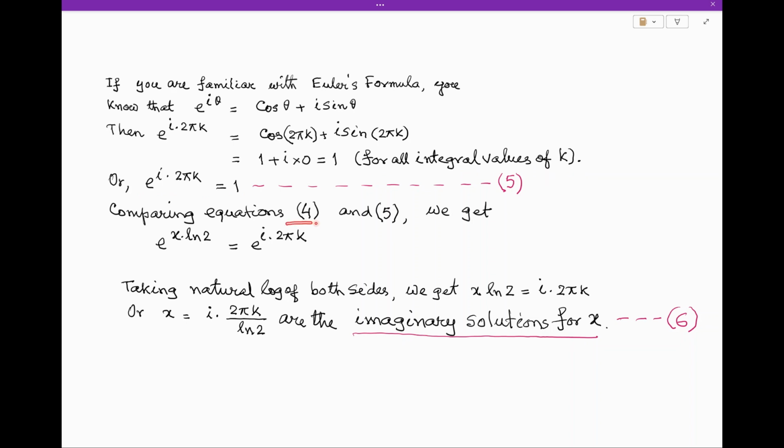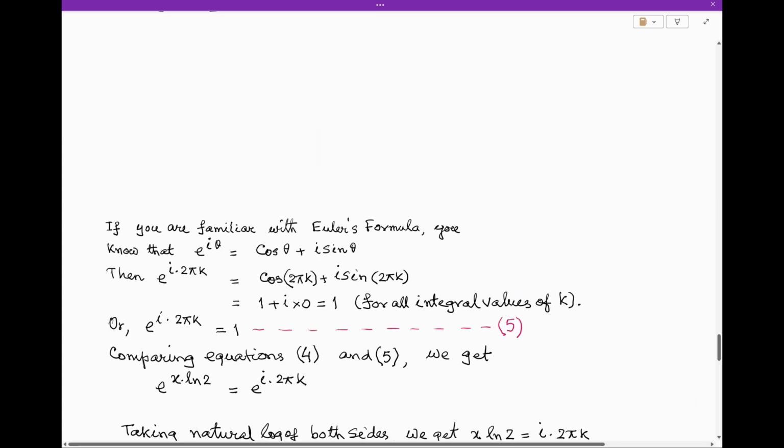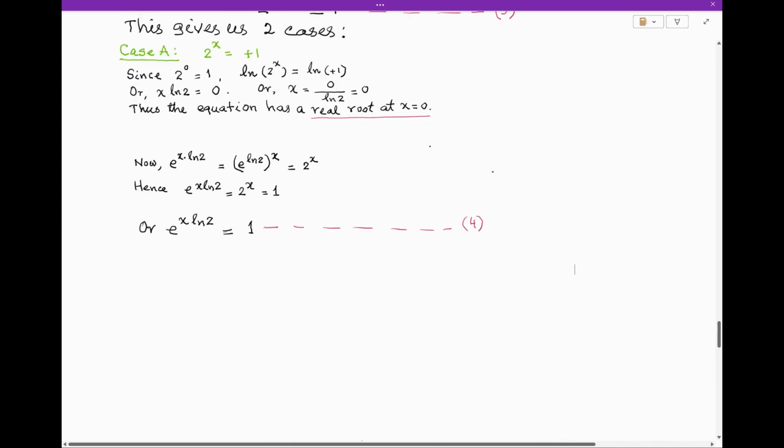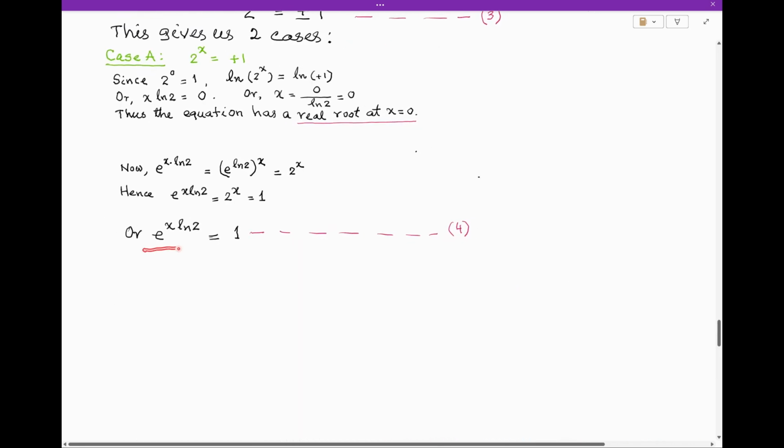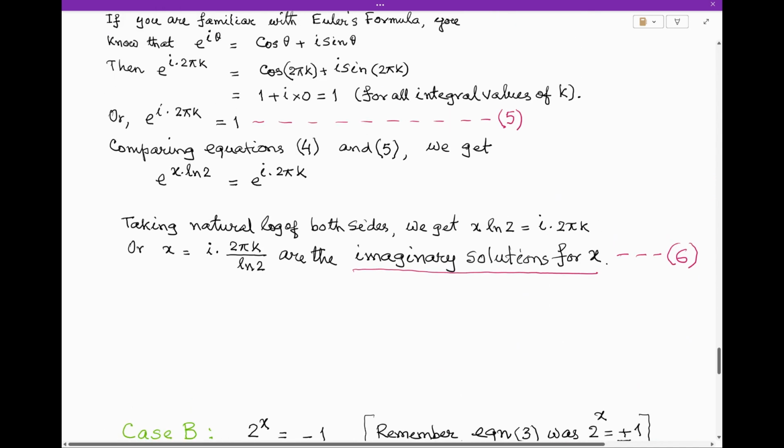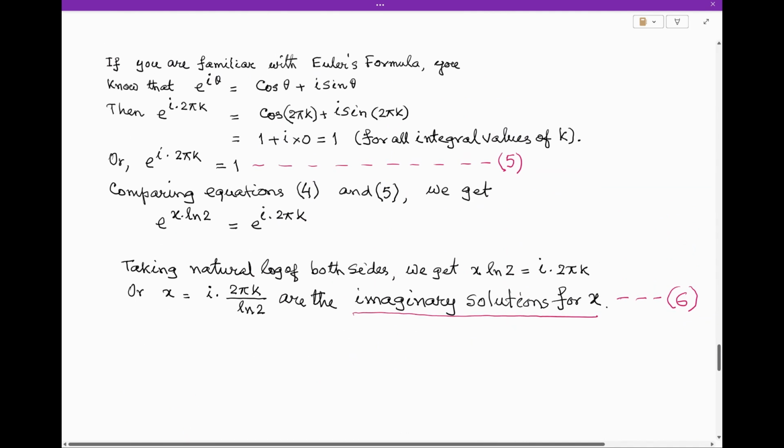Comparing equation 4 and equation 5, and what is equation 4? Equation 4 was e to the power of x log 2 is equal to 1, and equation 5 is e to the power of i multiplied by 2 pi k is equal to 1. Therefore, we get e to the power of x log 2 is equal to e to the power of i 2 pi k, because both are equal to 1.